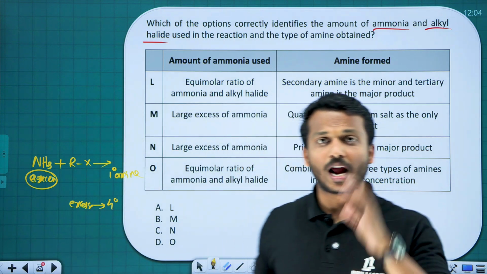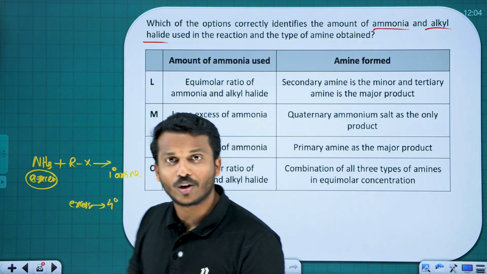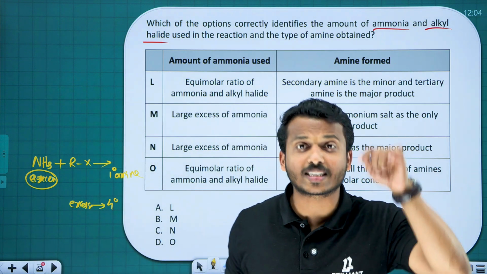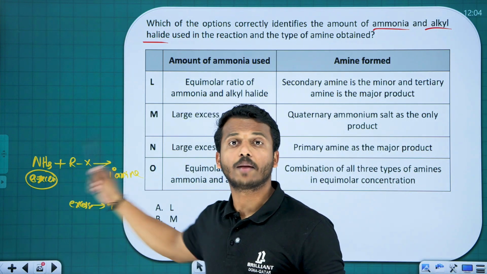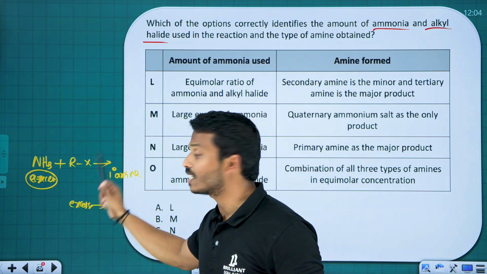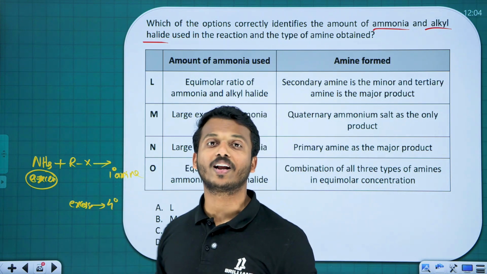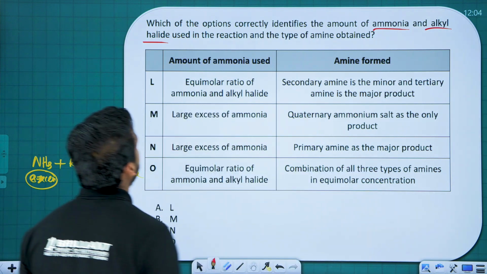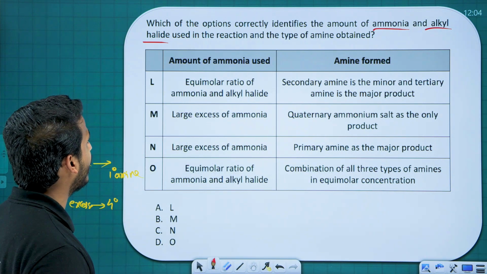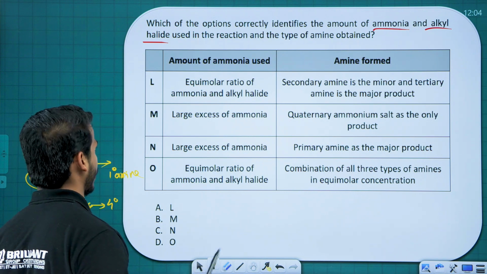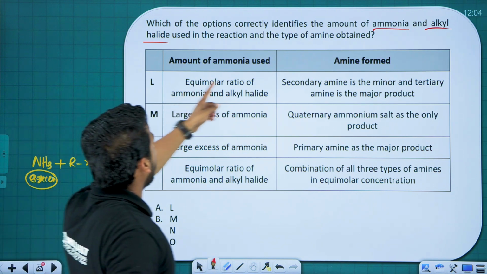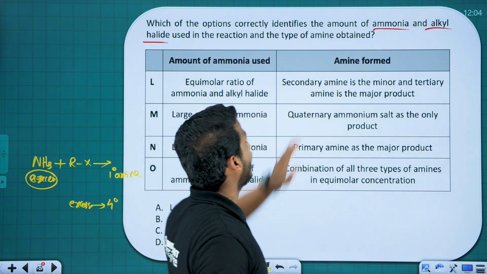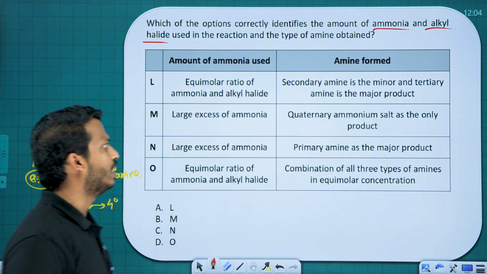Correct or not? During ammonolysis, we get primary, secondary, tertiary and quaternary amines. But if you use excess ammonia in the beginning, you will get primary amine as the major product. Excess haloalkane in the beginning, you will get quaternary as the major product. Let's check which is correct or incorrect here. Equimolar ratio of ammonia and alkyl halide: secondary amine is minor and tertiary amine is major?